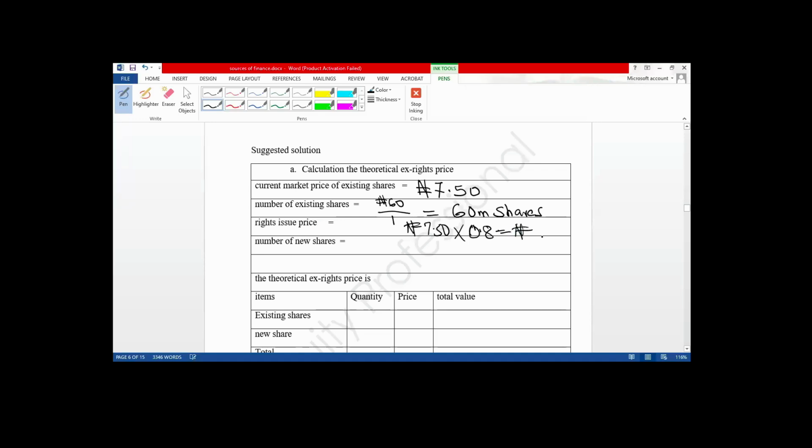That will give you 6 naira. Alternatively, you can compute 20% of 750 first. When you compute, now deduct the figure from 750 kobo.